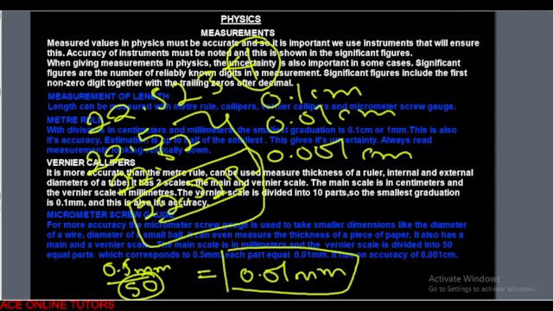But if they ask you which of the following can be used to measure accurately the internal diameter of a tube, what's the answer? You can't use micrometer screw gauge, because although micrometer screw gauge is more accurate, in that case you can't use it. For the internal diameter of a tube, you must use something that can enter the tube, and micrometer screw gauge cannot enter any object. You will later see when we do how we can use it.